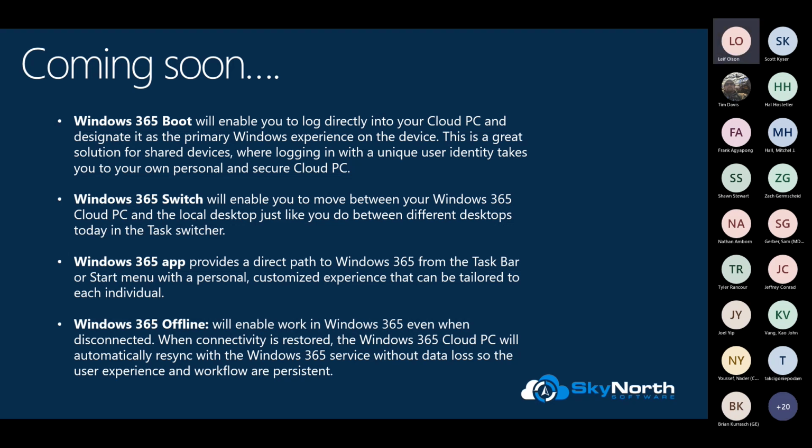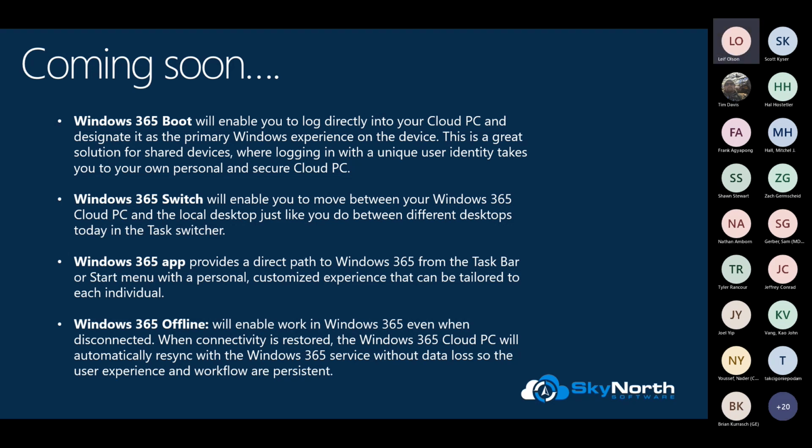There's Windows 365 Switch, which I'm kind of excited about. That allows you to switch between your normal desktop and a cloud PC. So if you're a consultant working with another organization that has Windows 365, you would be able to navigate back and forth between the organizations. Or doing a demo, right? We could have a cloud PC as a demo, and I could hit that task switcher and be doing stuff on my cloud PC, switching in a couple of clicks.